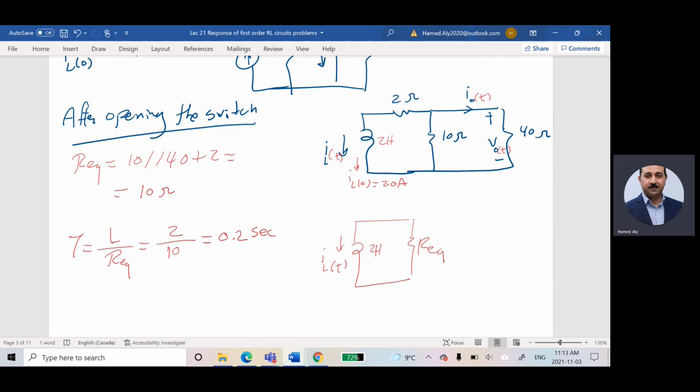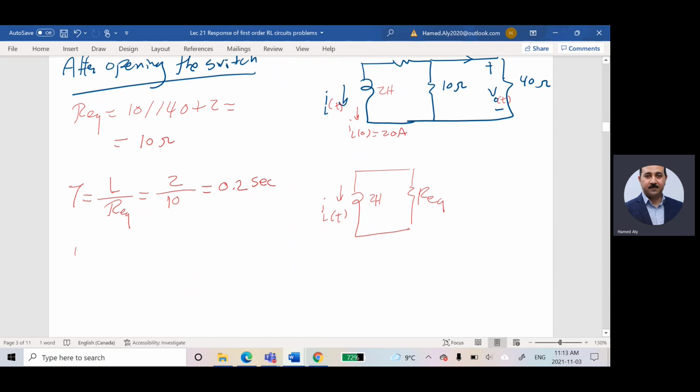Now, if you would like to find IL of T, it is equal to IL of 0 multiplied by e to the power negative t over tau. So this guy will be equal to which I have, which is 20 over there.